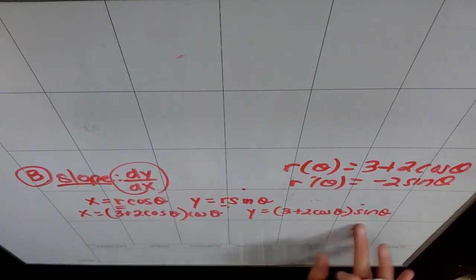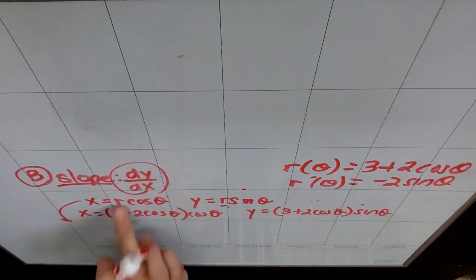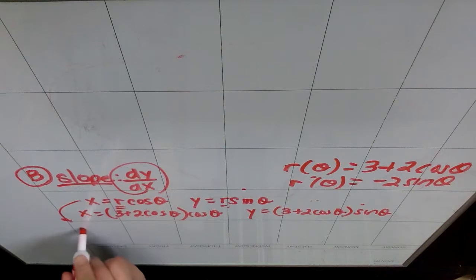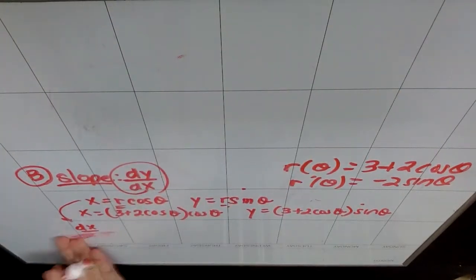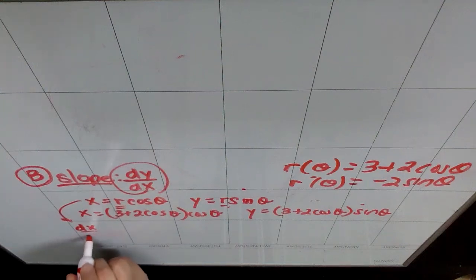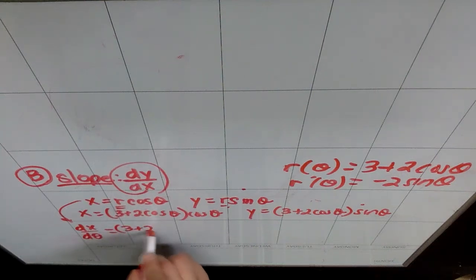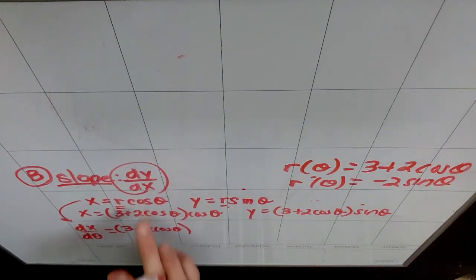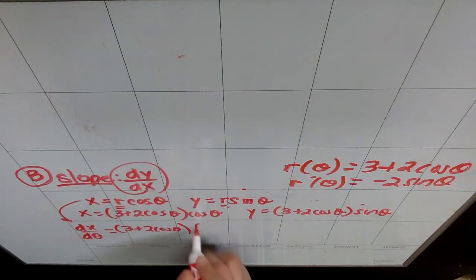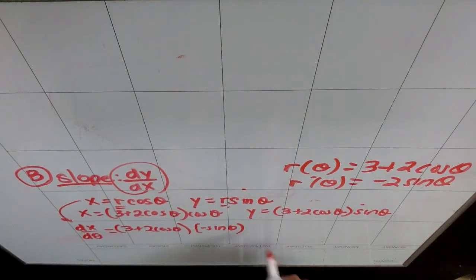So it's not wrong if you have this as your x and y, but if you just use r and cosine theta, then my dx d theta, or my x prime of theta, is going to be u, which is the r, times dv, which will be the derivative of cosine, which is a negative sine, plus v, which is the cosine, times du.